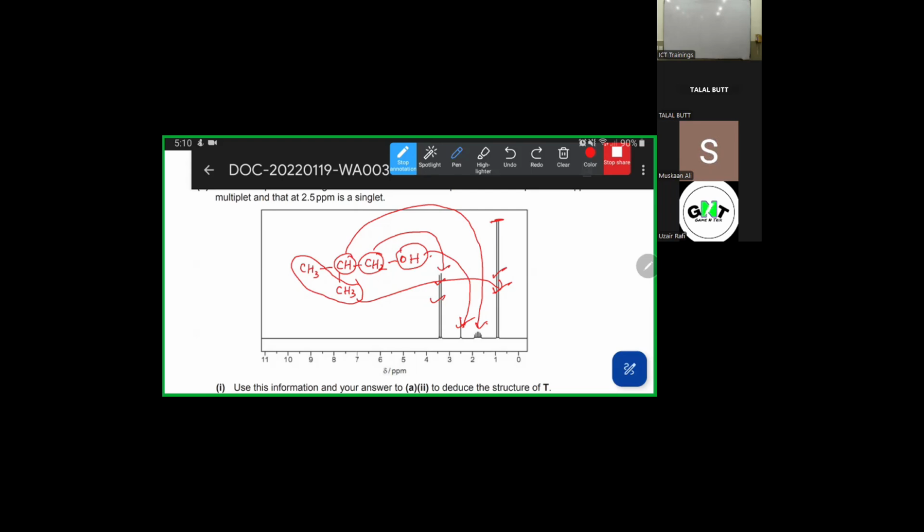Okay, my dear students, let's discuss this one with the help of the values. So the first value is at 1. The second one is almost 1.8. And then we got 2.5, and then we got 3.5. So these are the different values.